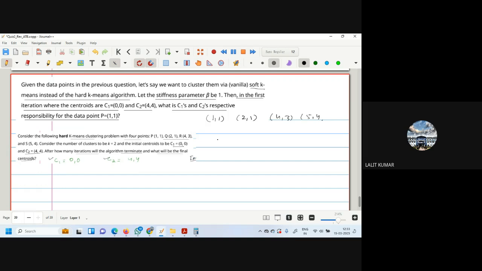Yesterday we saw the responsibility R_nk of the point to cluster k. R_11 equals e to the power minus beta d1 divided by e to the power minus beta d1 plus e to the power minus beta d2, and R_21 equals e to the power minus beta d2 divided by e to the power minus beta d1 plus e to the power minus beta d2. This was the formula.